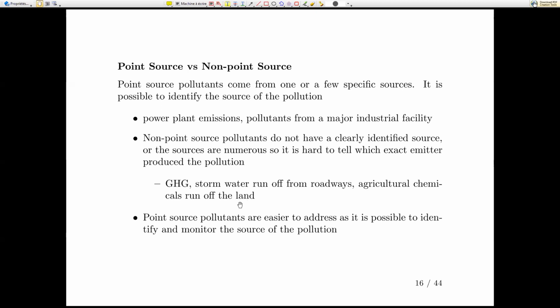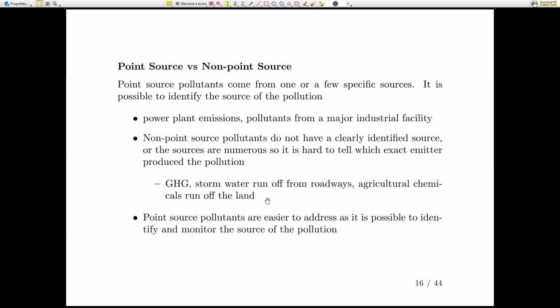If you have a very large region with lots of places where farmers use chemicals, especially fertilizers, and that runs off in the water, then it can create algal blooms down the road, and it's just very hard to pin down where that came from because so many farmers may be involved.